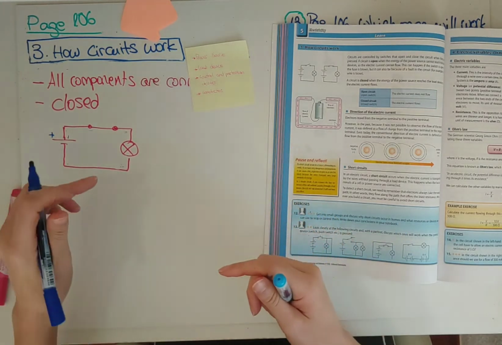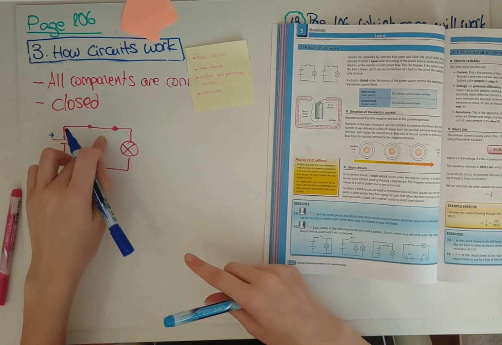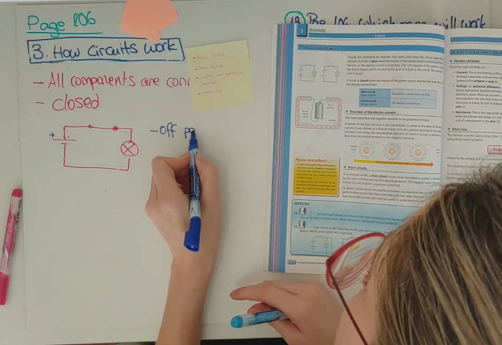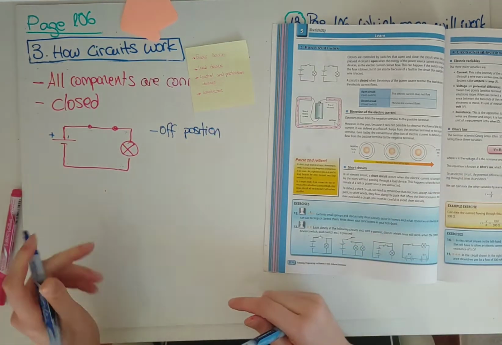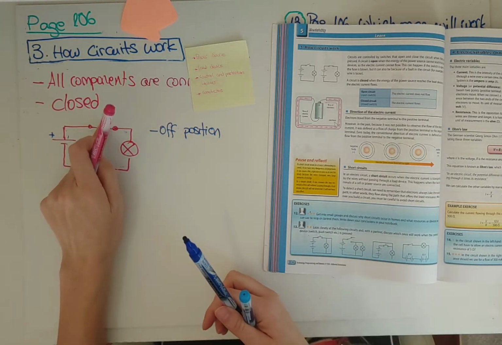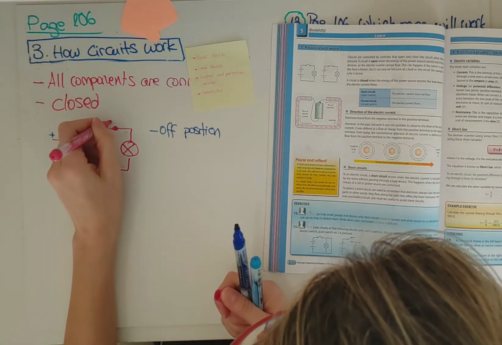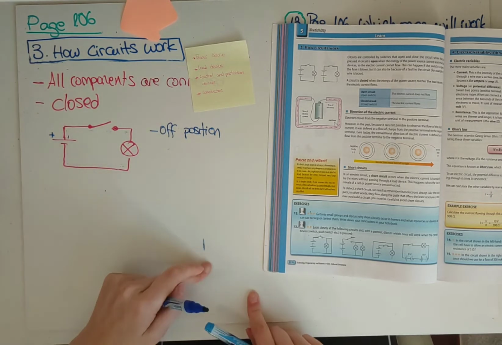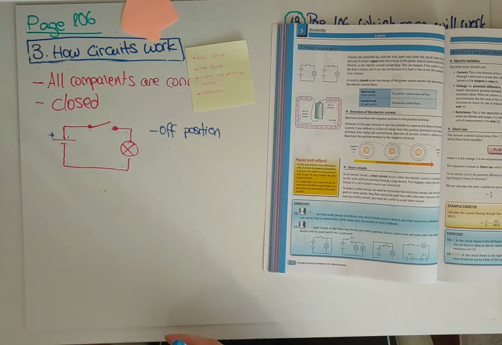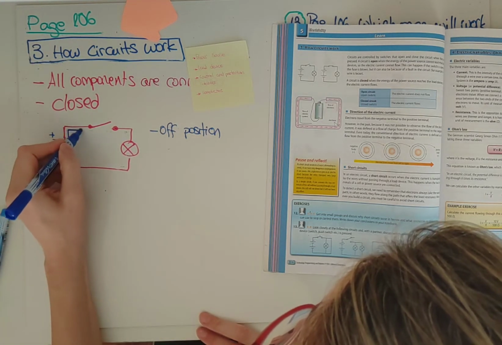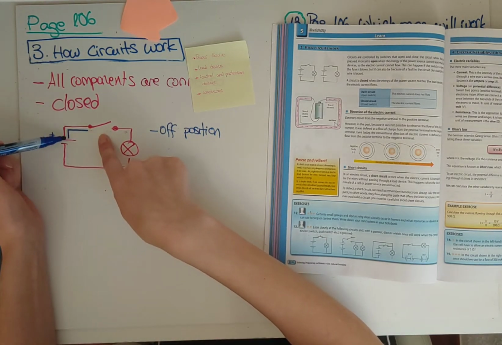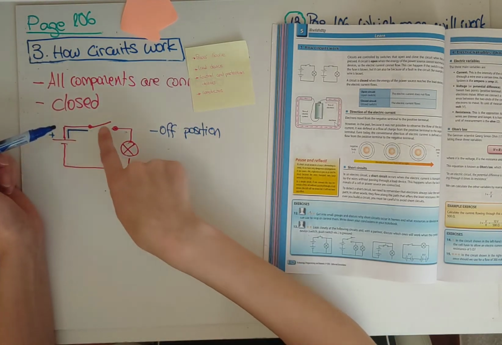I mean, when I turn the control device to the off position, the current stops when the switch is off. Okay? So this circuit is open.